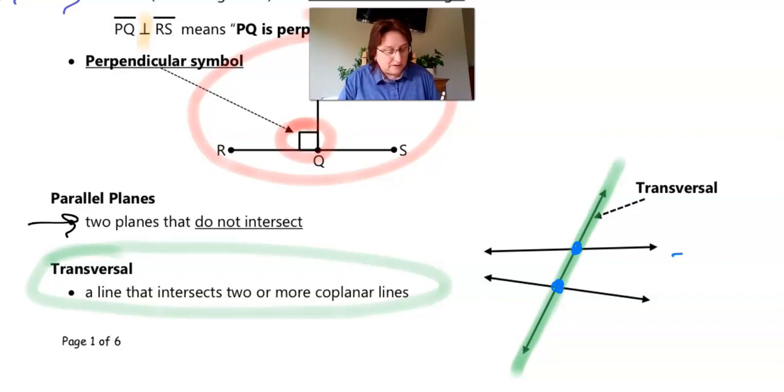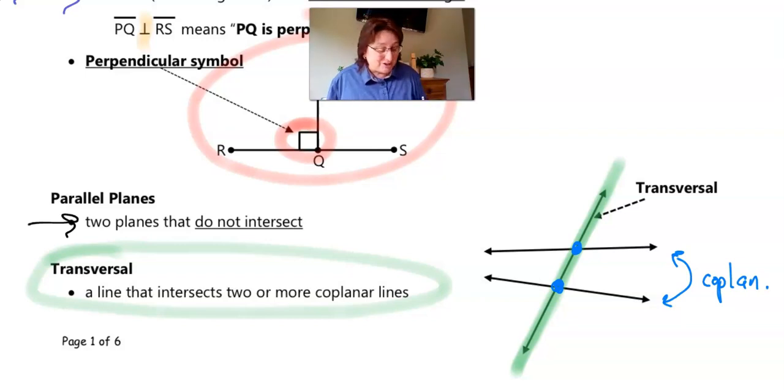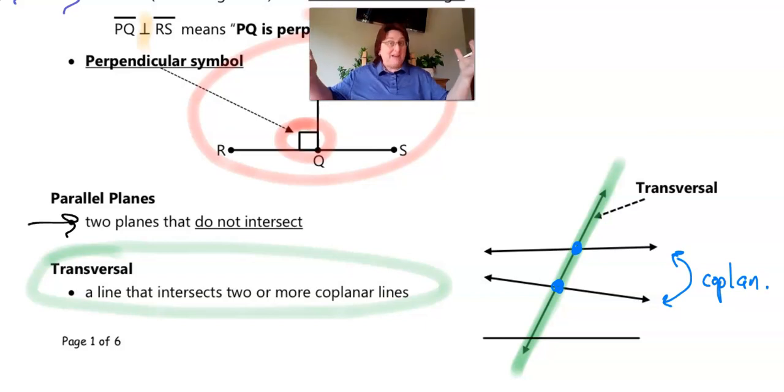So these lines right here are the coplanar lines, and I'm going to abbreviate coplanar lines. So a transversal intersects two or more coplanar lines. Hey guys, it could actually intersect a third line as well. That's a transversal as well, or the transversal still intersects that third line.